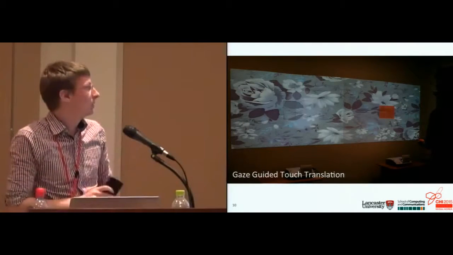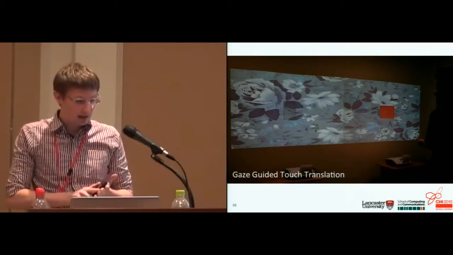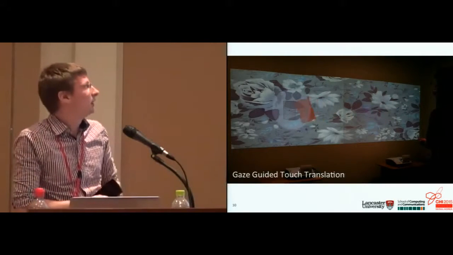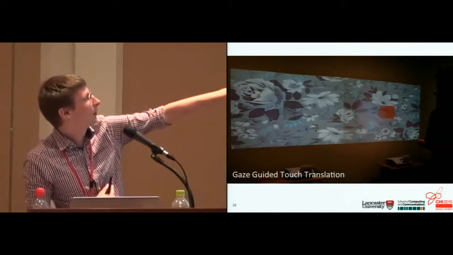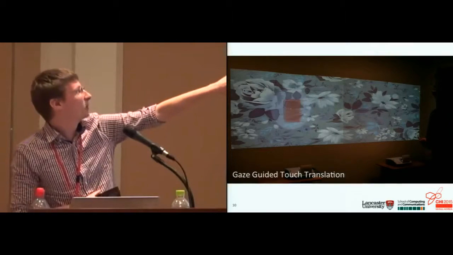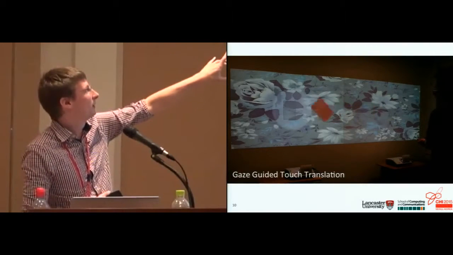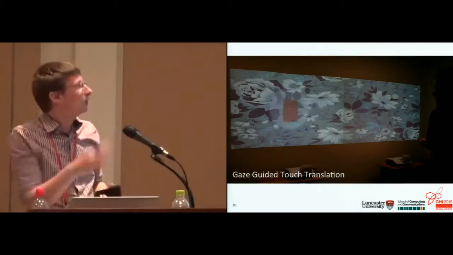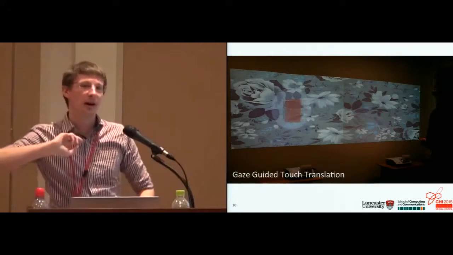And the final technique we looked at was something called gaze-guided touch translation. This one basically used the eyes as a targeting assistant. Hopefully you can see on the screen a little white line appears between the initial object and where the user is gazing. Essentially what this technique does is the gaze defines the translation path.